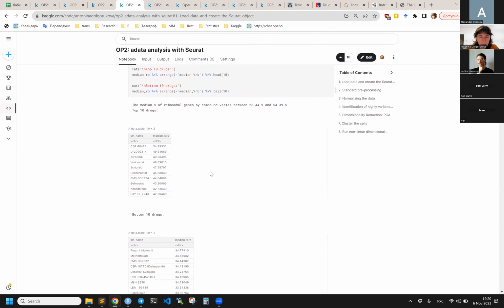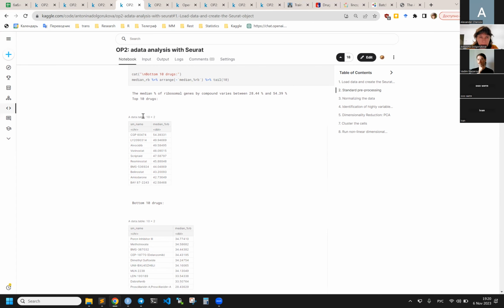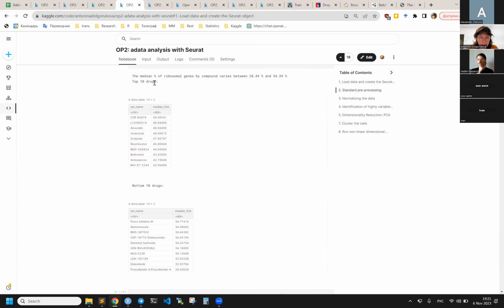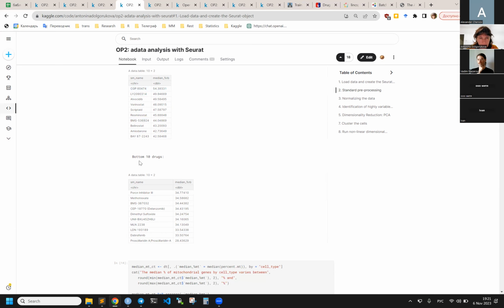Now we check what about our compounds, and here are just the top 10 drugs with the largest percent of ribosomal genes, and the bottom 10 drugs with the lowest percentage of ribosomal genes.